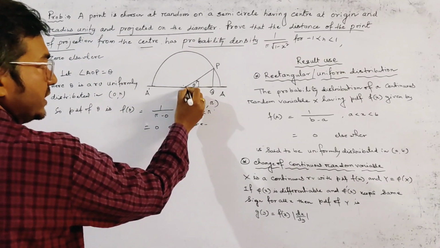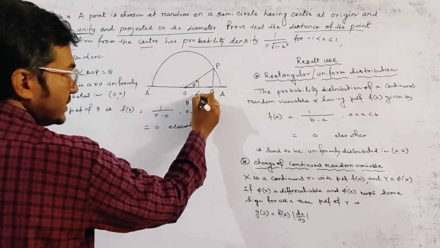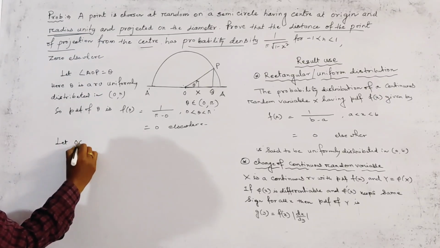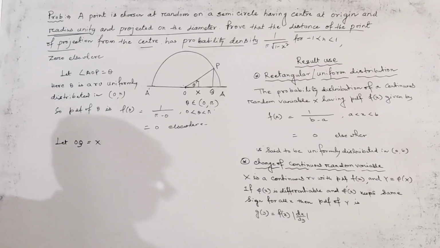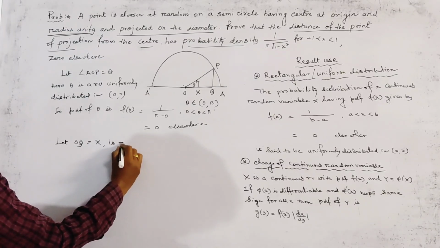So if we take this distance OQ as capital X, we write let OQ equal capital X, and it is a random variable.